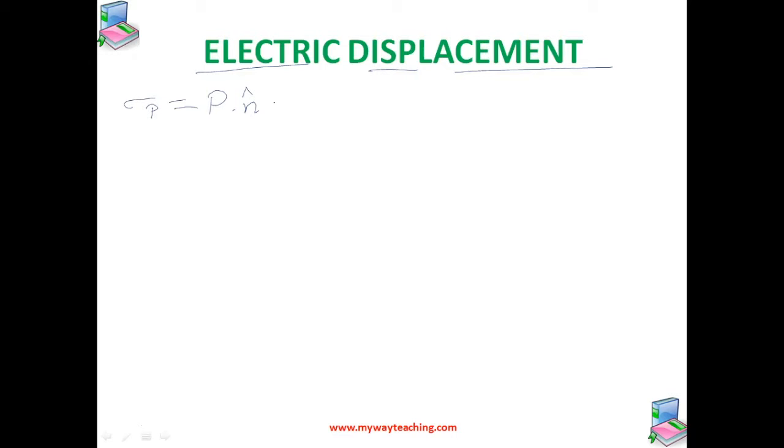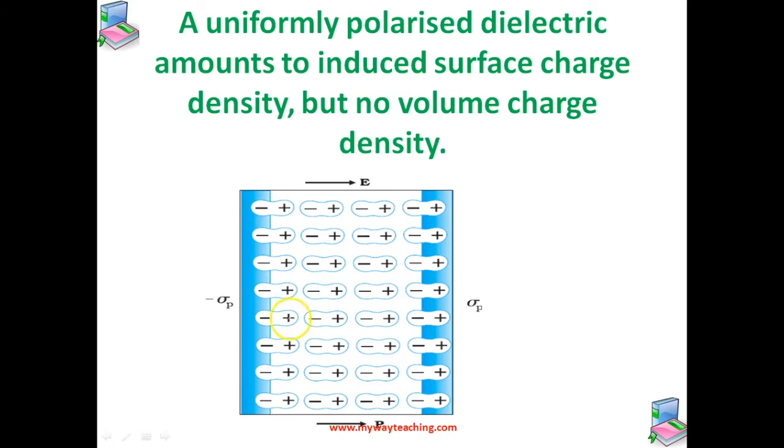For the slab, P is along n cap at the right surface and opposite to n cap at the left surface. Thus, if you consider the figure, at the right surface, induced charge density is positive. At the left surface, induced charge density is negative.